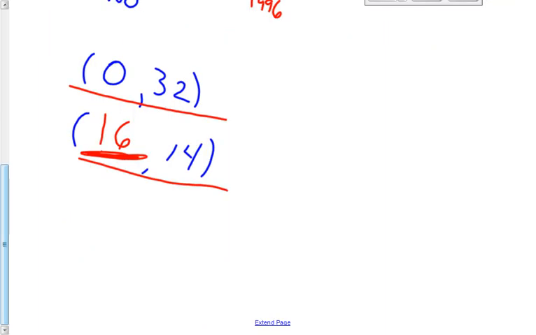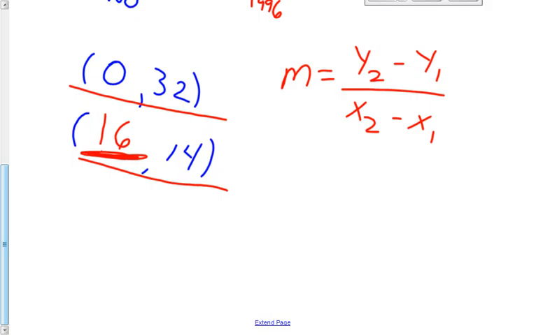2 video lessons ago, you learned how to write an equation of a line given 2 points. The first thing you have to do is find that slope. Review, slope is y2 minus y1 over x2 minus x1. So your goal here is to subtract the y's, put them in the numerator, which is 14 minus 32.